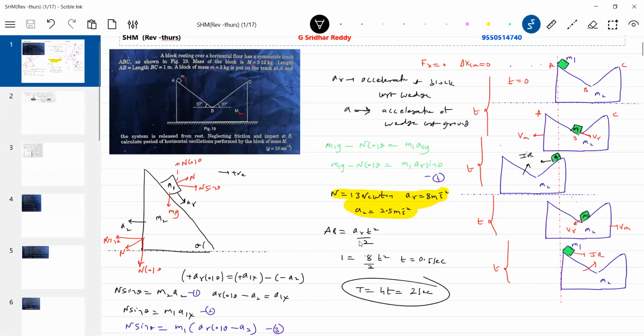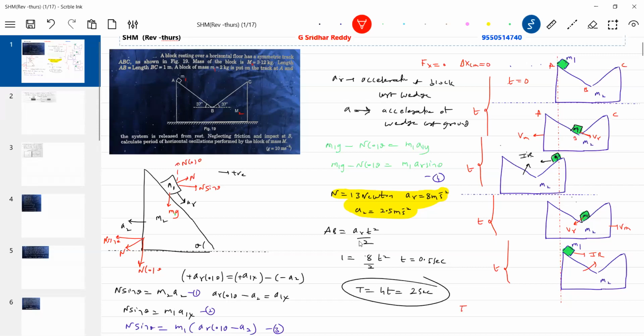I ended up, I don't know the answer, but I solved it now. I ended up with this much here. If you want, you can cross-check later on. Okay, one thing we should make clear: is it SHM? No, it's only oscillating motion.